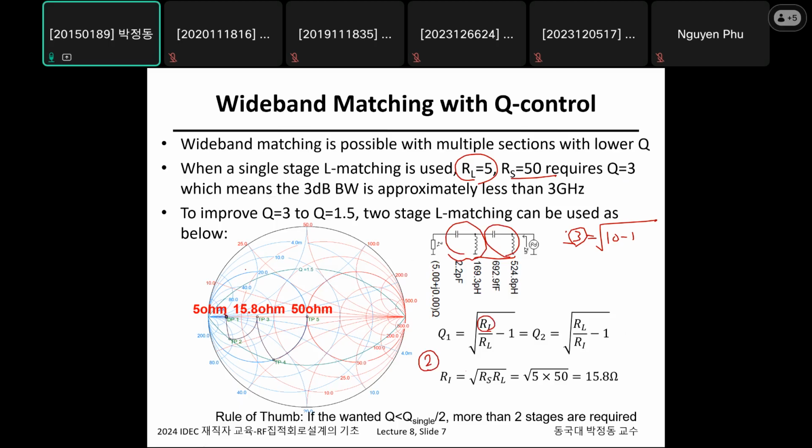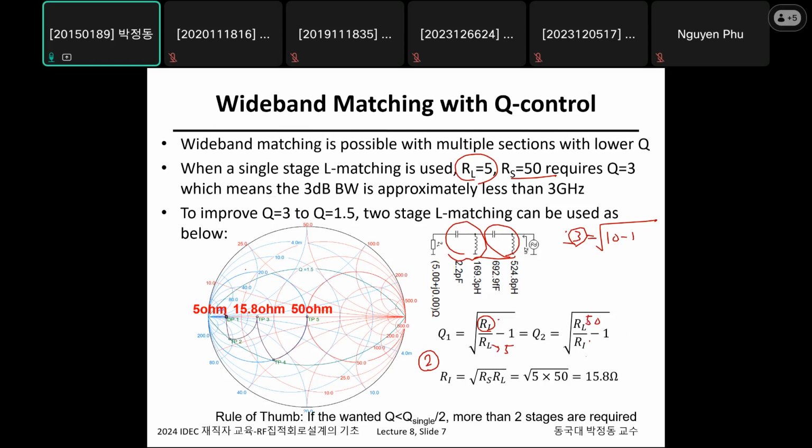Using this condition, because we assign the quality factor at the same level, Q equals the square root of L over I and I over L. Here L is 5, I is some value, and L is 50.